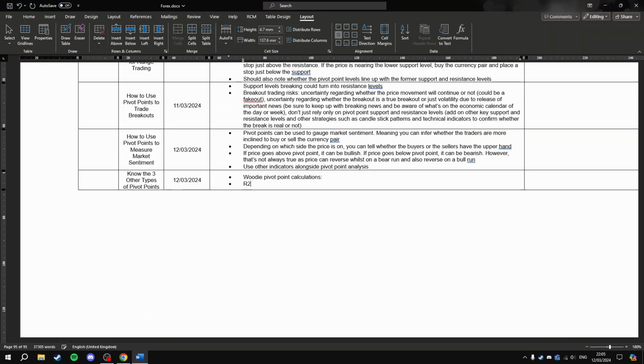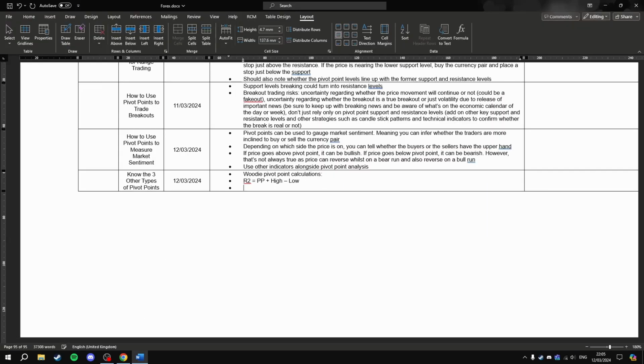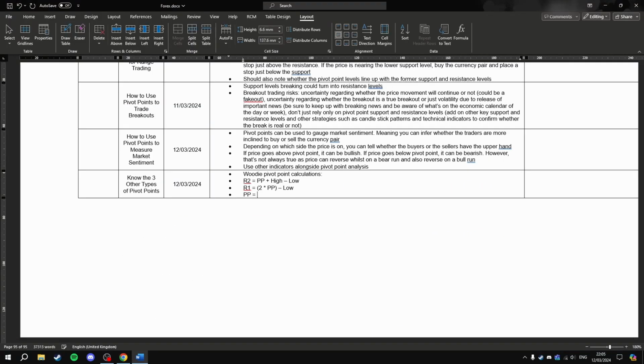R2 is equal to PP plus high minus low. R1 is equal to 2 times PP minus low. PP is equal to high plus low plus 2 times closing price, divided by 4.